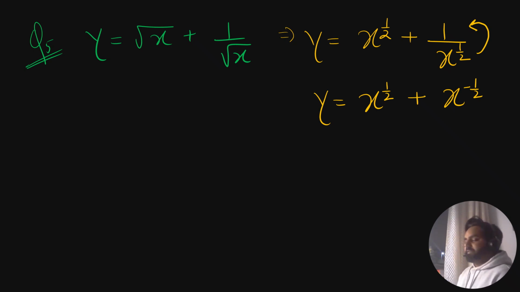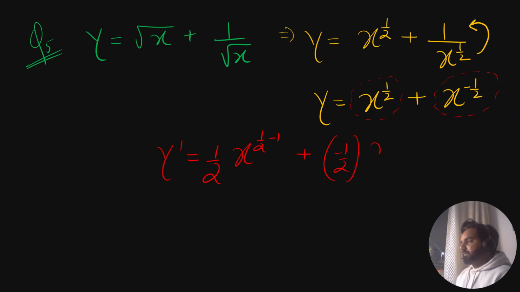Now this is a good algebraic expression. Now I will try to differentiate it. So you can write y dash is equal to differentiation of this is half x power half minus 1, plus differentiation of this would be minus half x to the power minus half, and power gets subtracted by 1.